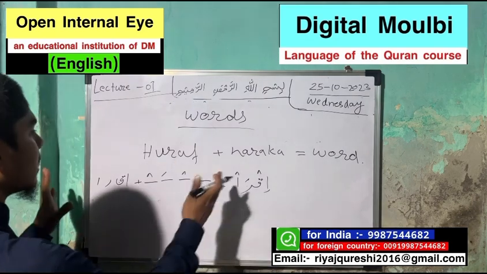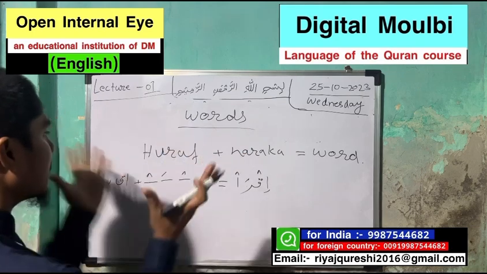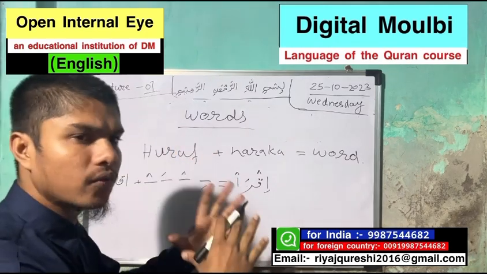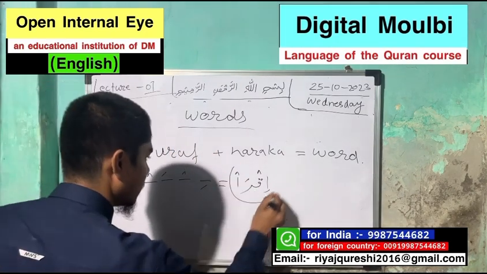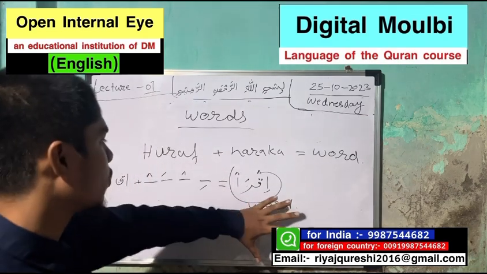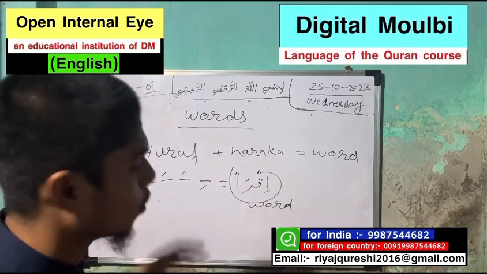So you can see huruf and harakat, the combination of huruf and harakat becomes a word. This is a word. How does it become a word? The combination of the harakat and huruf becomes a word.